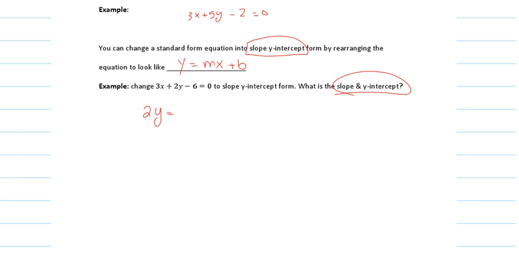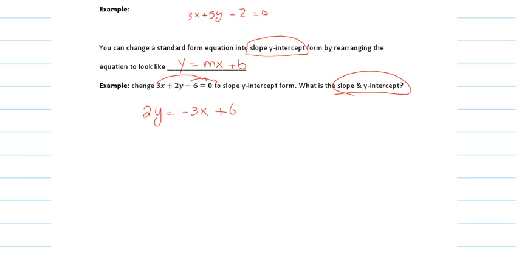Take them to the other side. When I take them to the other side, what do I have to do? If it's positive, it becomes negative, right? So 3x is positive. When I move it to the other side, it becomes negative 3x. How about the negative 6? It's plus 6. Good.